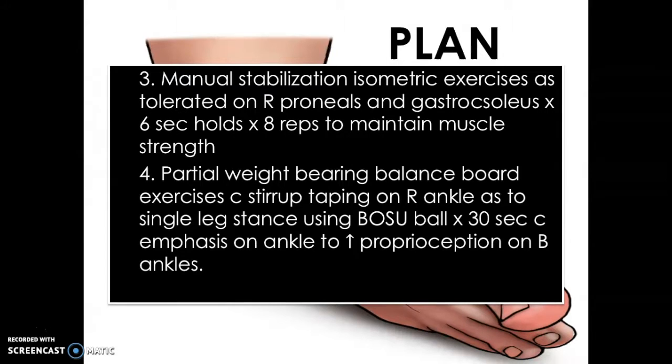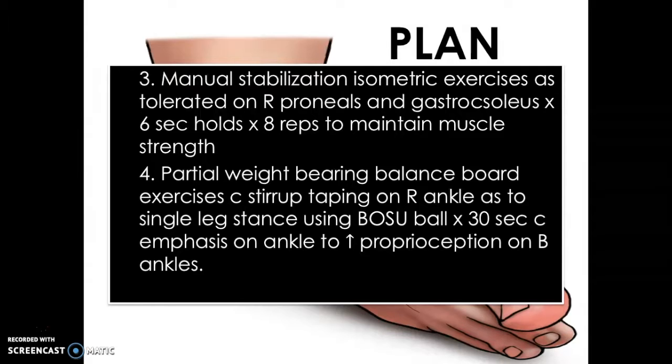Next, manual stabilization isometric exercises as tolerated will be used to maintain muscle strength, especially on the right peroneals and the gastrocsoleus. Next, for proprioception deficits, partial weight bearing balance board exercises with stirrup taping on the right ankle to provide support in inversion and eversion.